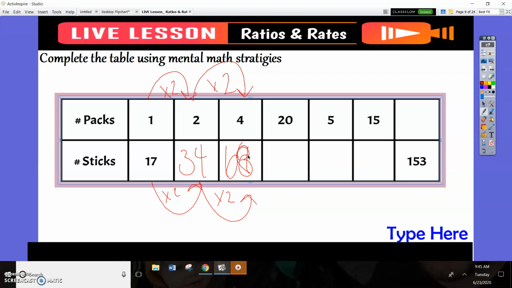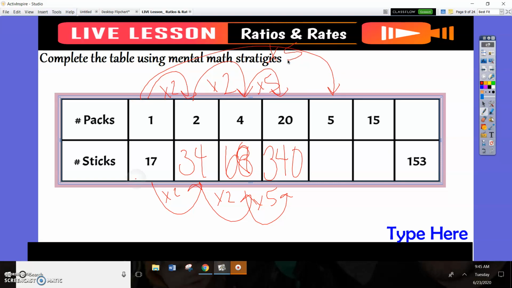I can keep going with my mental math. I know that 4 times 5 is 20. So 68 times 5 is going to be 340. From here, I could decide to use some division, or I could say, well, if I go back to my original pack, 1 times 5 is 5.